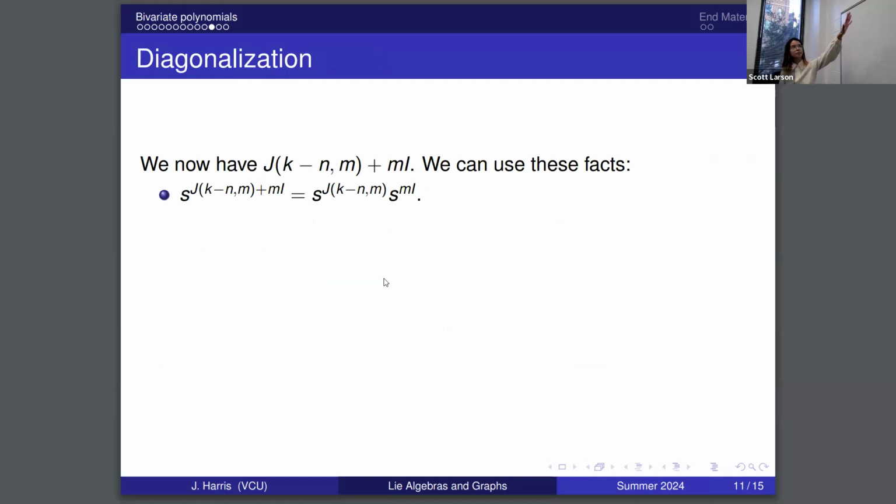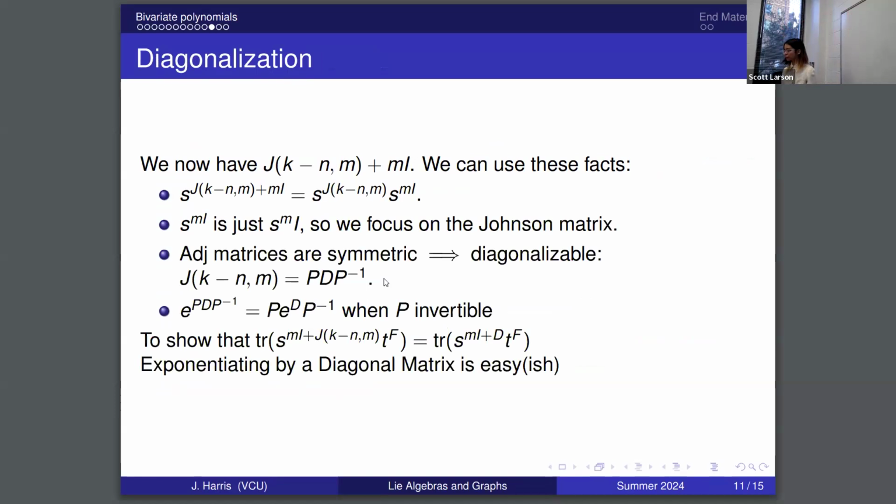So this ends up being our formula for the blocks, given by the Johnson graph adjacency matrix plus m times the identity. Because m times the identity commutes with everything, we can break up that exponent.